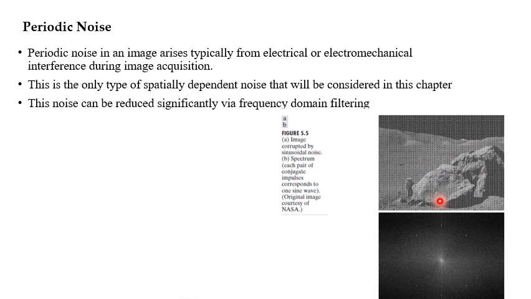This is an example of an image that is corrupted by a sinusoidal signal, which is nothing but a periodic signal. You can see the sinusoidal noise which has affected the image. So we obtain the spectrum of it, and we can remove this noise by applying suitable frequency domain filtering. So this is about the periodic noise.